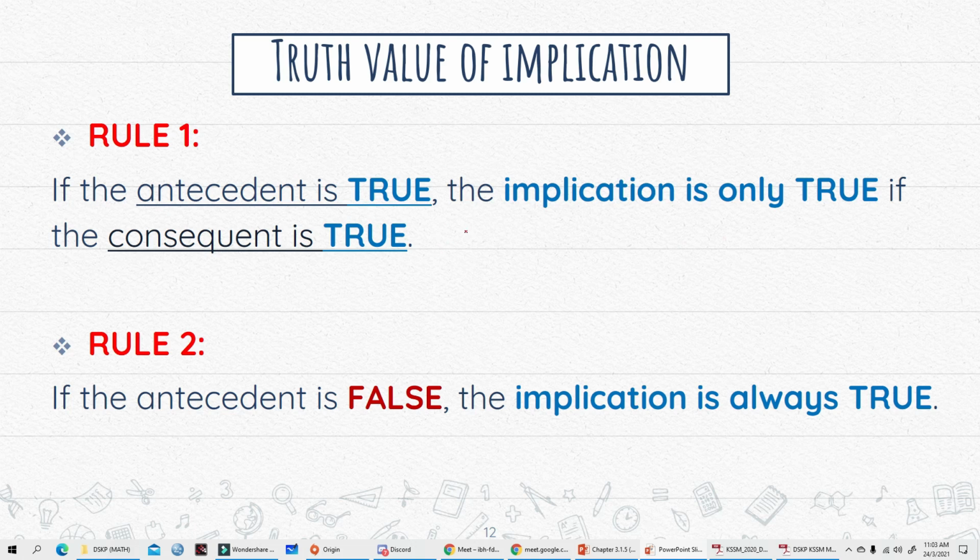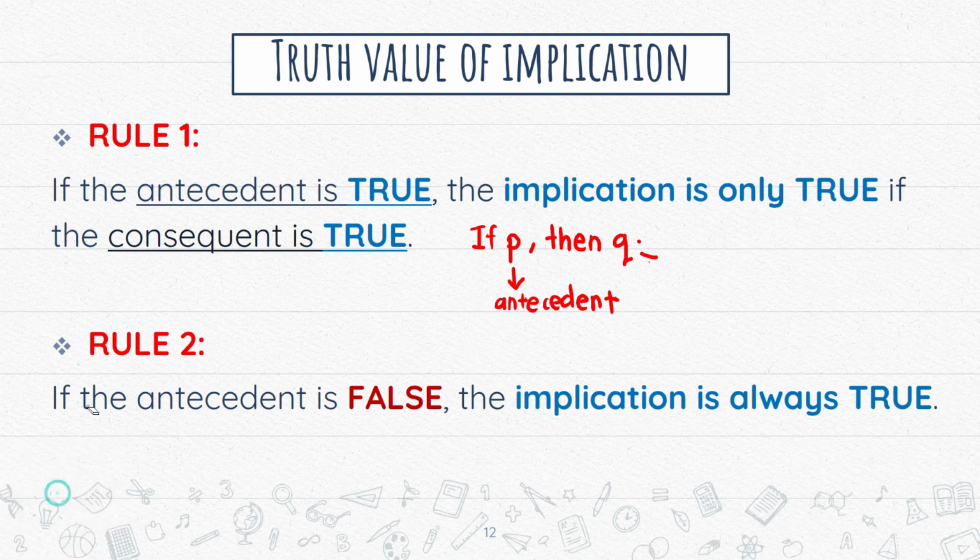We know that the form of implication is: if P then Q. We already learned about implication and what is the antecedent and what is the consequent.